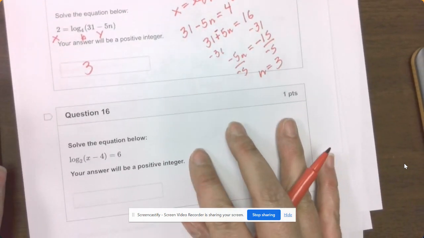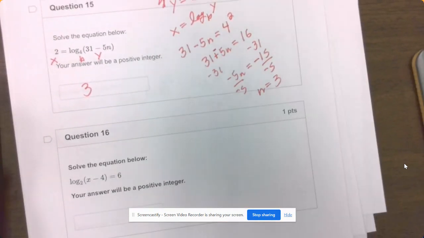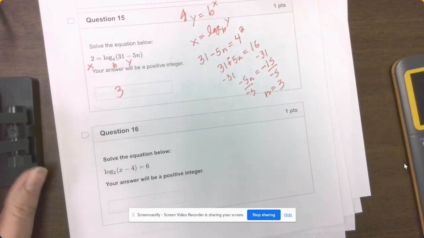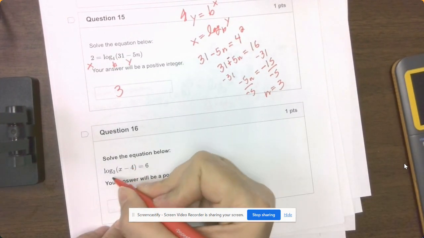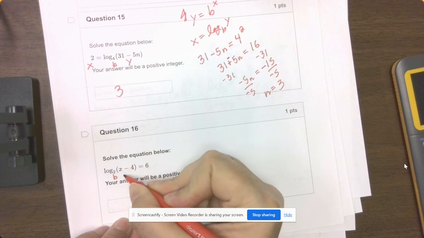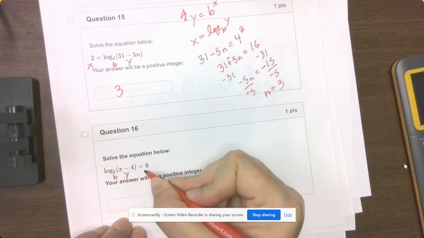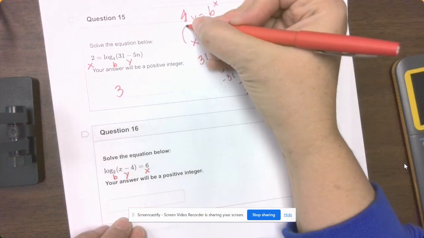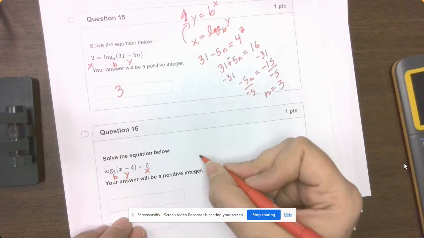Okay, same with this one, everybody. We're still going to be working with our logs on this one, so we're still going to use this. This is our base, this is going to be our y value, and this is my x value. I'm going to rewrite it as an exponential function to solve.